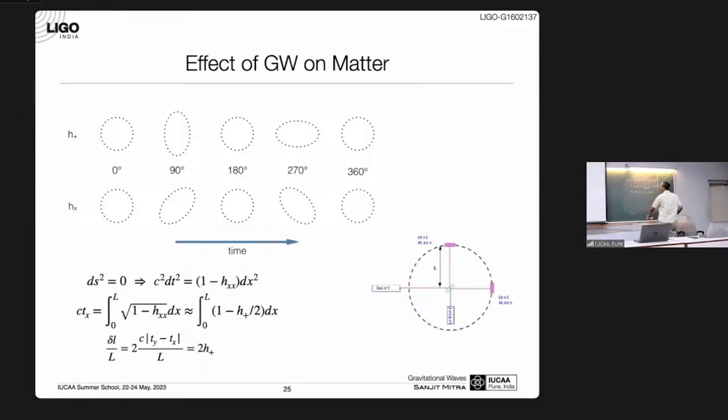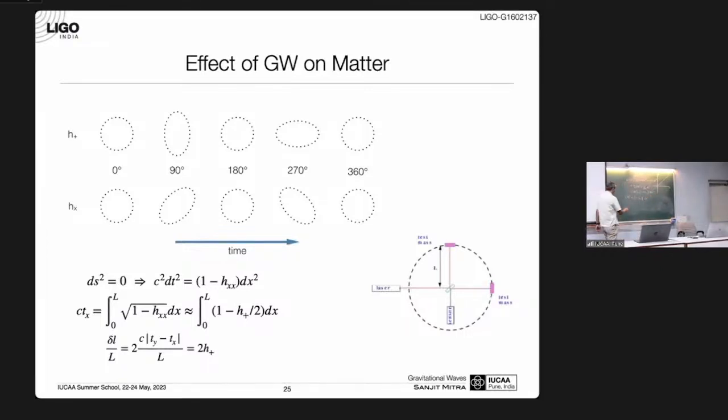Now, for light, since this is 0, all we have to do is to equate this and integrate. That's about it. So now let's see what happens. You get c square dt square equal to, I'm taking this to the other side, so it will become 1 minus h plus dx square.